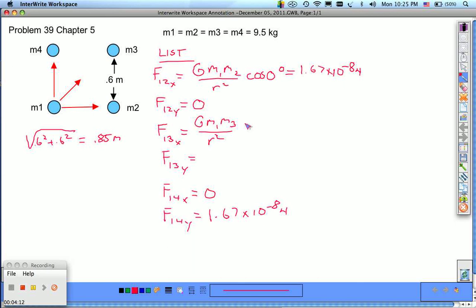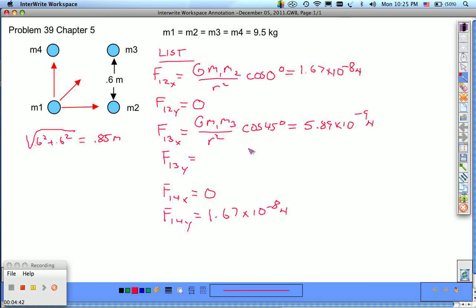Now, because it's along a diagonal, we have to multiply it by the cosine of 45 degrees. Again, by inspection, the diagonal between M1 and M3 is 45 degrees above the horizontal. If you put those in your calculator with the proper syntax, you should get 5.89 times 10 to the negative 9th newtons.